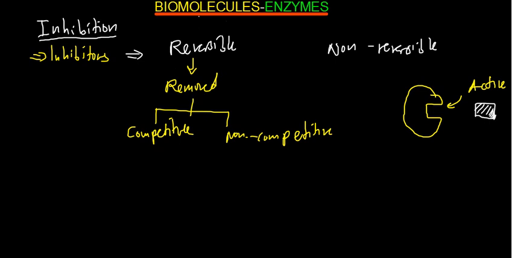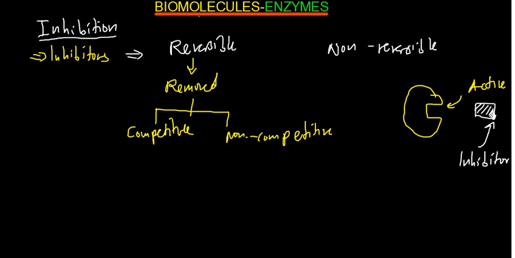So this one gets to bind to the active site such that when the substrate itself comes, the enzyme will no longer be able to take in the substrate. Why? Because the active site has been filled by this inhibitor, which was pretending as though it was a substrate.